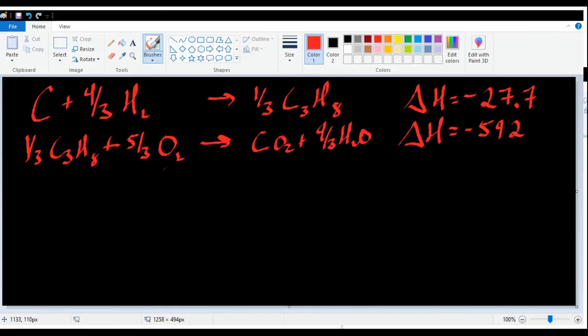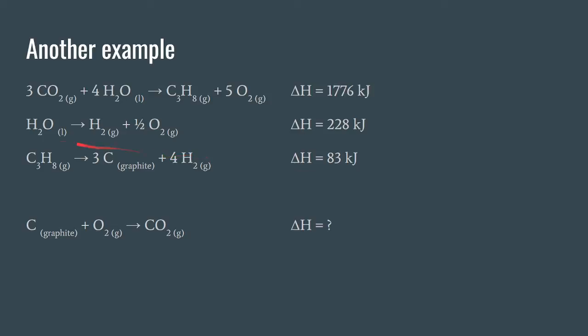All right. Now we can use our last reaction. We have water and hydrogen to get rid of. So we only really need to focus on one thing. So let's just look at water. There's no water down here in this final reaction.